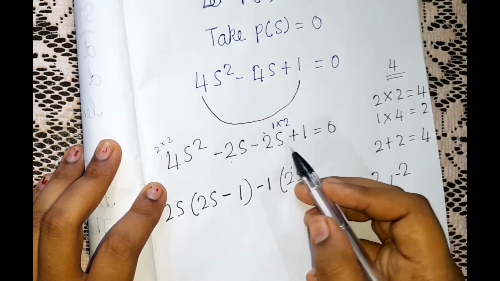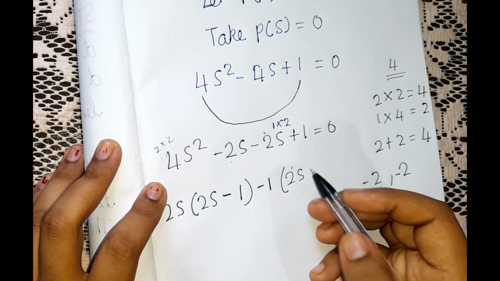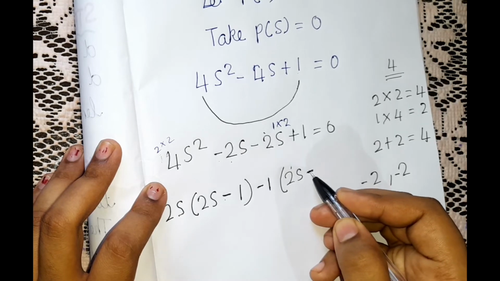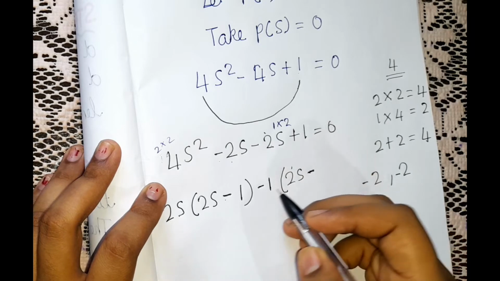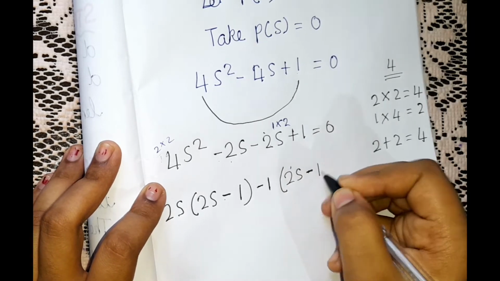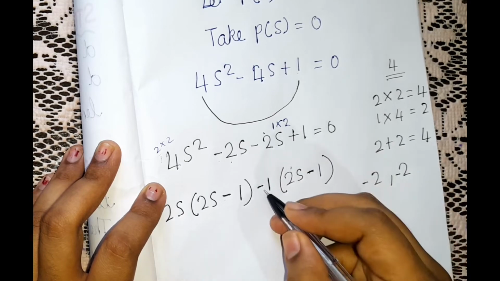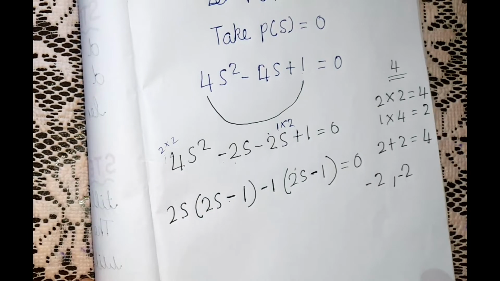But right over here it's written plus 1. We should get plus 1, am I right? So instead of writing plus, we are going to write minus. Why? Because minus into minus is plus, am I right? So minus into minus is plus, and then we should write 1. Why? Because 1 into 1 is 1, and minus into minus is plus. Okay, and then is equal to 0. So I hope you understood this.